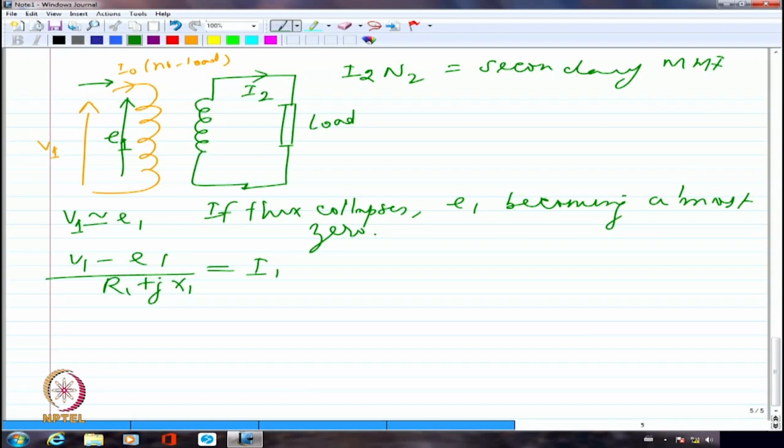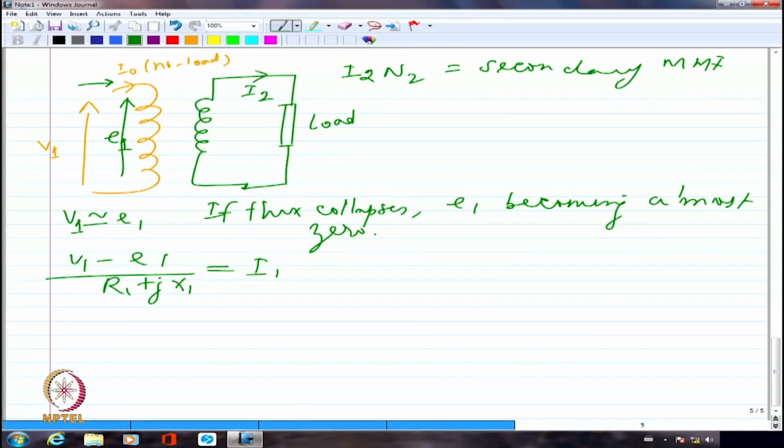I1 is the new current that has suddenly come up in the primary because the flux was trying to collapse and E1 had gone to very low values. So suddenly a new current has jumped up in the primary winding. Now, this I1 will reach such a level that it would be equal and opposite to that of N2 I2. So we come back to the original flux level as far as the core is concerned.